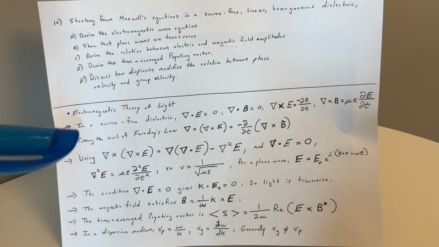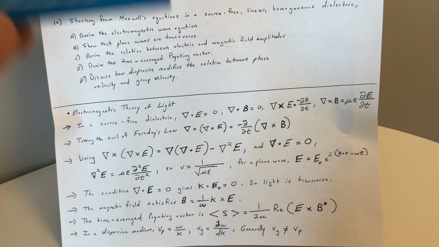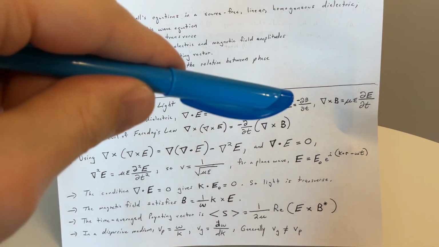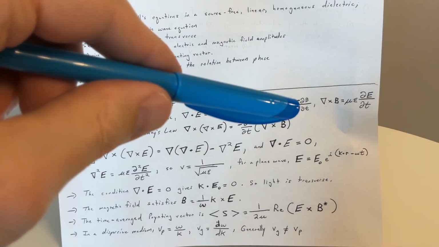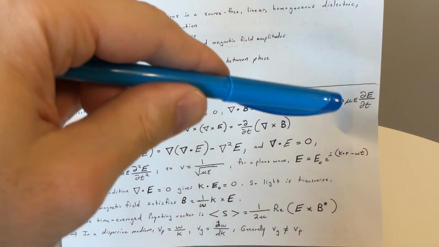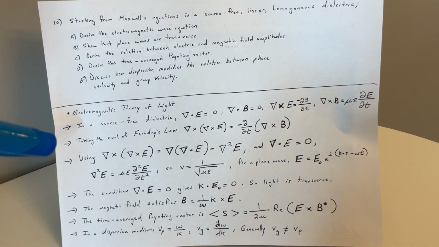with the notation. And in a source-free dielectric, del dot E is 0, del dot B is 0. Del cross E is negative partial B partial t, and del cross B is mu epsilon partial E with respect to t.